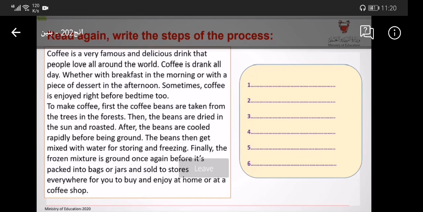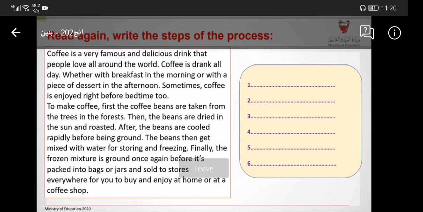Okay, get ready to check your answers, and don't be afraid of making mistakes, because this is how you learn. Making mistakes is the first step to learning.